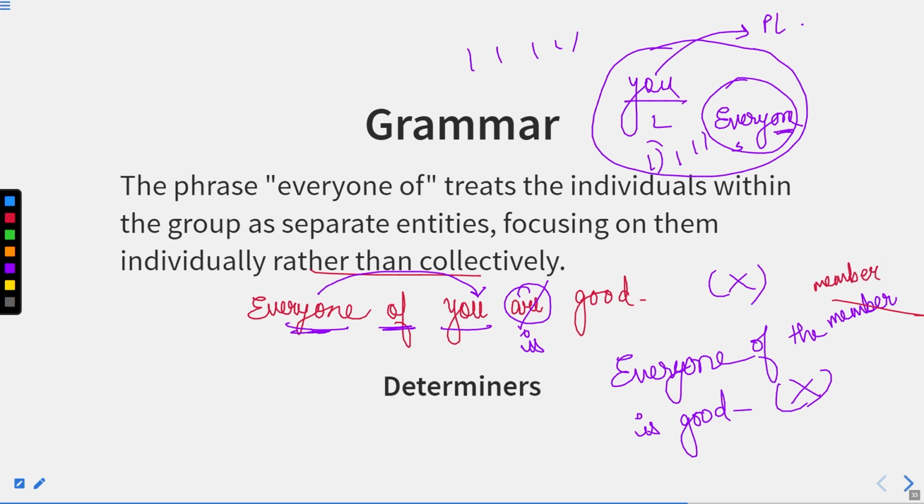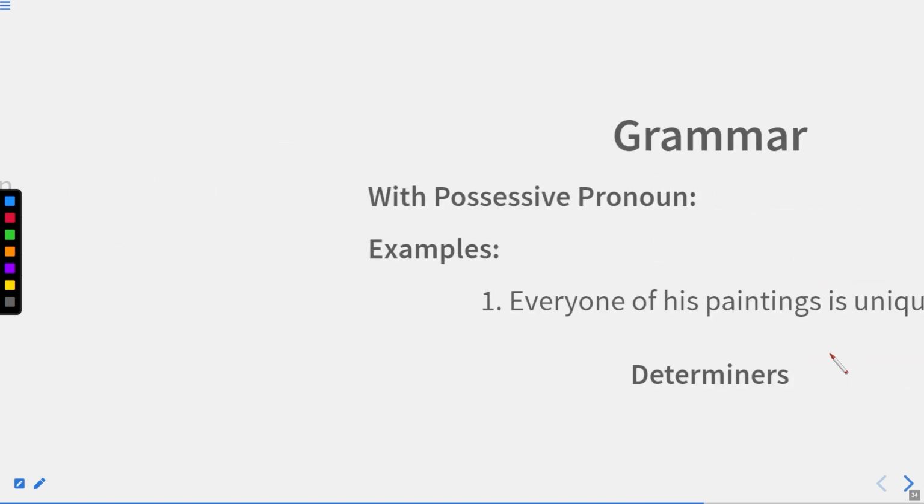If I'm using of, the noun or the pronoun which follows it should always be plural, because only from that plural can I take something out. Every one is also not used for a single person, but every one of them means every single person of them. So let us move to the next one.